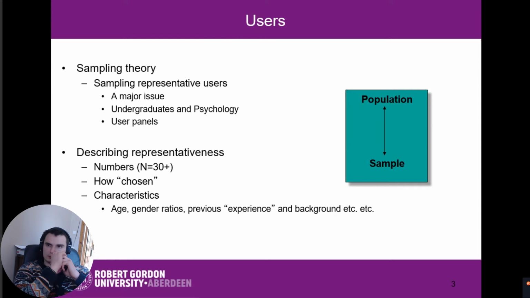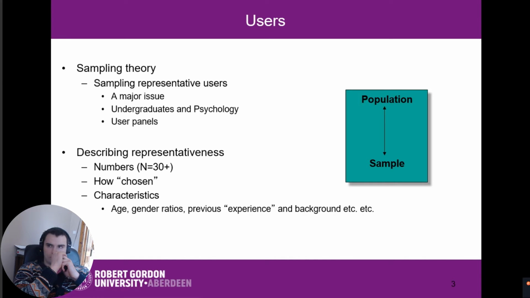So that's a population, okay? Does that occur in real life? It does occasionally. We find it, for example, in oil and gas and engineering. I've worked with groups where there are only 30 engineers of this kind working in the North Sea, okay? So can we have all of them? Yeah. And you've got a population.